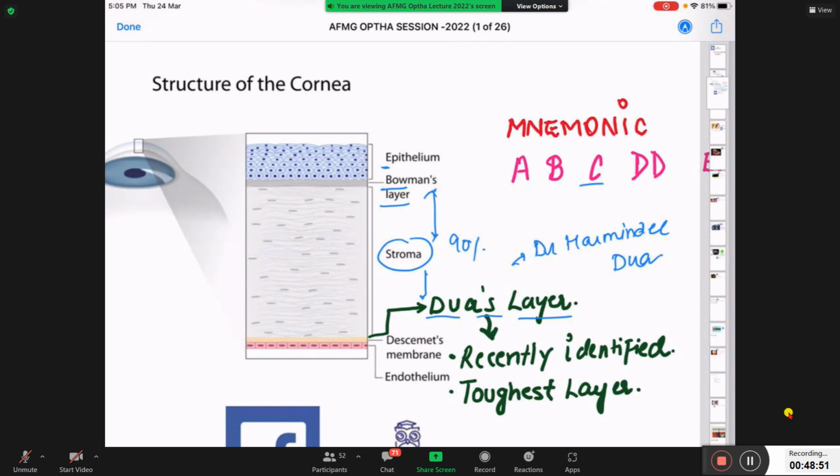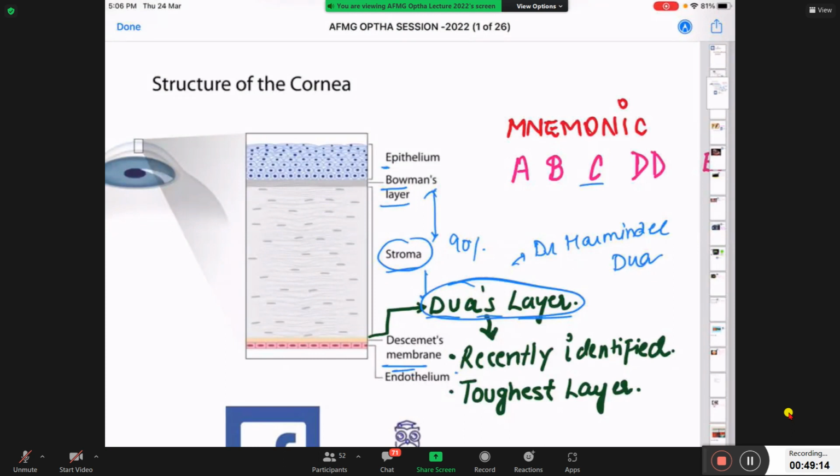They will ask you the location of Dua's layer. This Dua's layer is present in between 2 layers, right? Stroma and your Descemet's membrane. Clear this much? This diagram is clear?